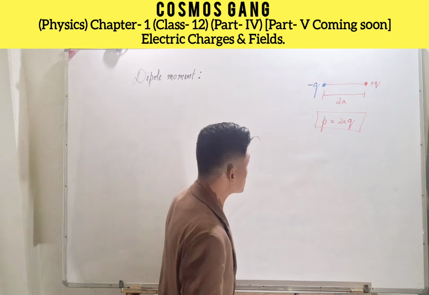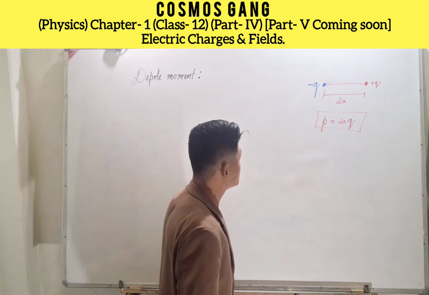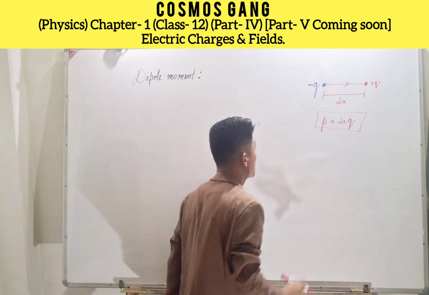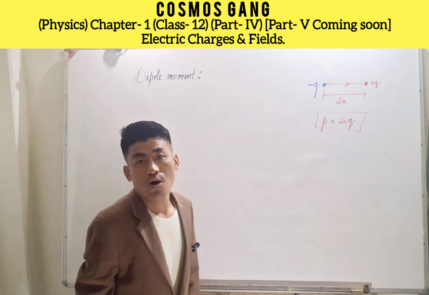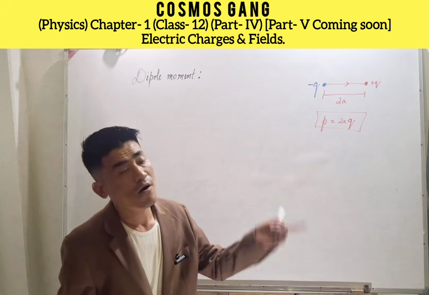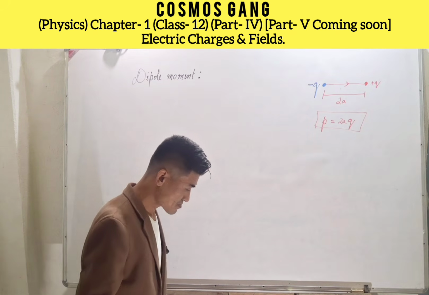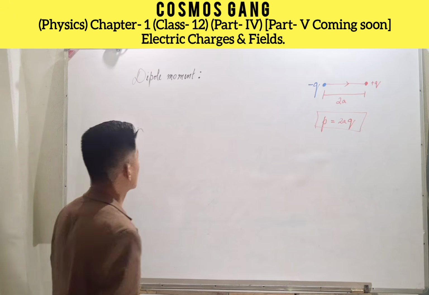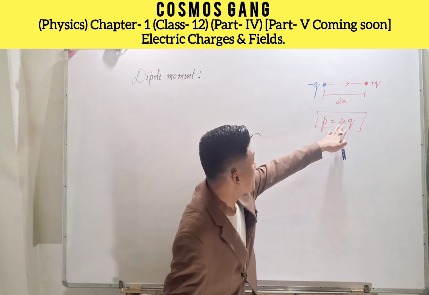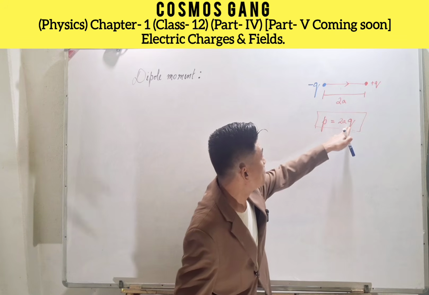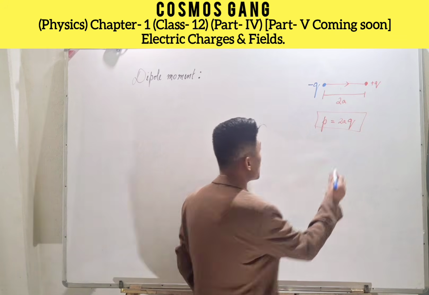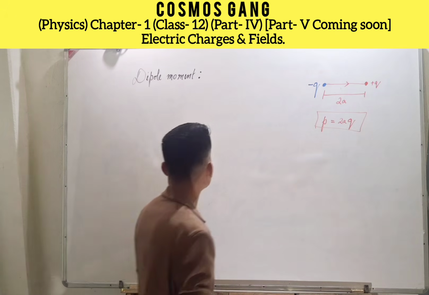Our dipole moment is a vector quantity and it will always be directed from negative to positive charge. So I'll define my dipole moment as the magnitude of either of the charges multiplied with the distance between the two charges.